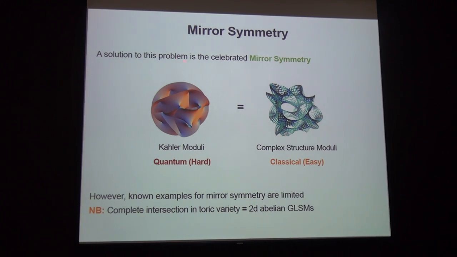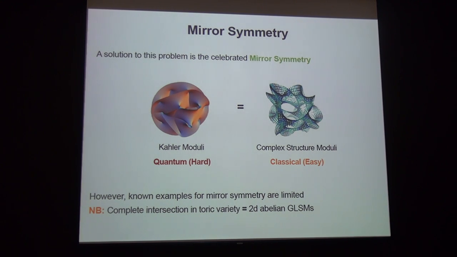Well, in the late 80s and 90s, people found that the Kähler moduli space of certain Calabi-Yau manifold can be mapped to the complex structure moduli space of the other Calabi-Yau manifold under the mirror map. And this is very nice because although the metric on this Kähler moduli space can receive various quantum corrections, including the non-perturbative quantum corrections, the metric on this complex structure moduli space doesn't receive any quantum corrections.